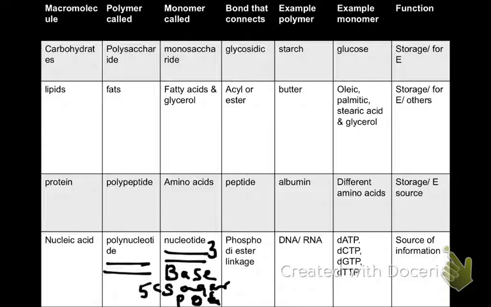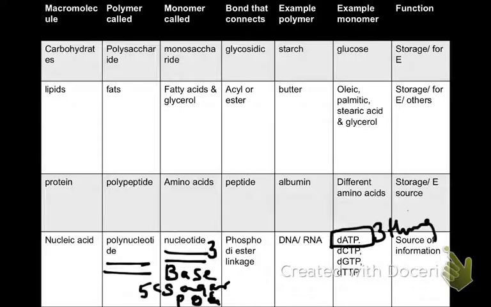Okay, if I am writing dATP, dCTP, dGTP, dTTP, I am basically saying deoxyadenine triphosphate or deoxycytosine triphosphate. It can be triphosphate or monophosphate, whichever one. My point is this comprises three things which make it up.